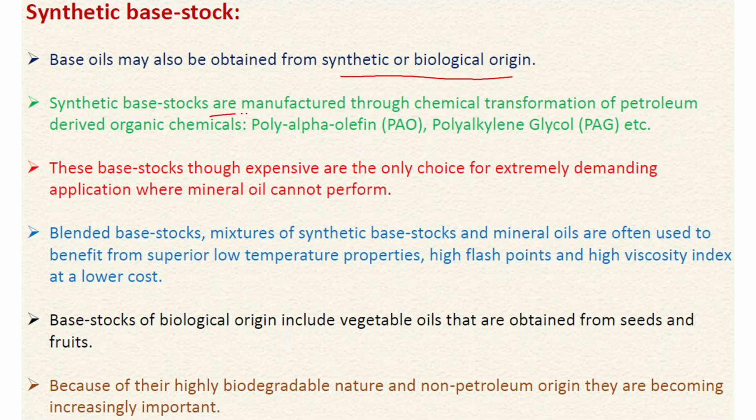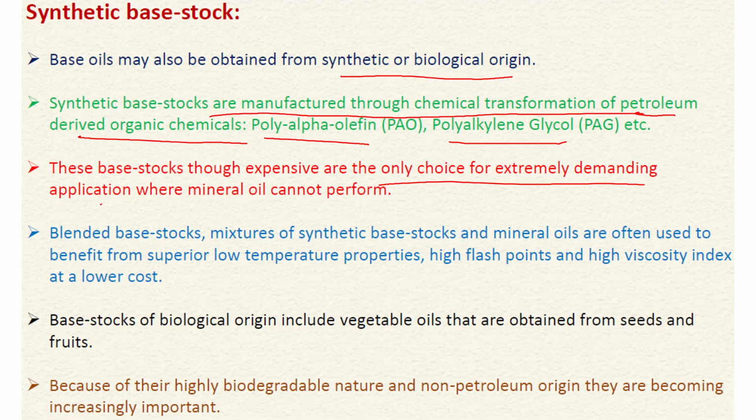So the synthetic base stocks are manufactured through chemical transformation of petroleum derived organic chemicals. There are two methods of making. One is that some petroleum derived organic chemicals such as polyalpha olefin and polyalkylene glycol are chemically transformed to produce synthetic base stock, and these base stocks, though expensive, are the only choices for extremely demanding applications where mineral oils cannot be used.